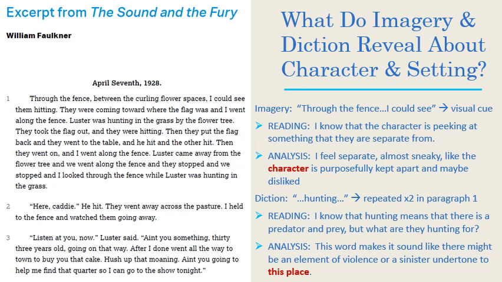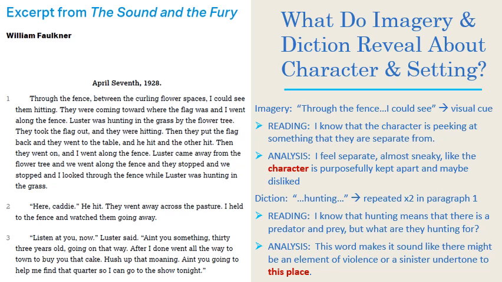So this single word choice, used twice, helps us establish where we are and what's going on here, a sense of the setting that a different word choice may have given us a different sense of.